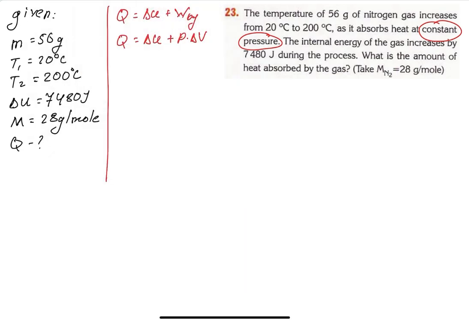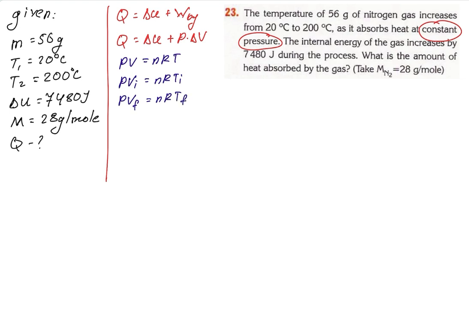That's why we can apply the ideal gas equation, which is PV equals nRT. That means we have to make two equations for two states of the gas. It will be pressure times volume initial is equal to nRT initial. And the second one is PV final is equal to nRT final.